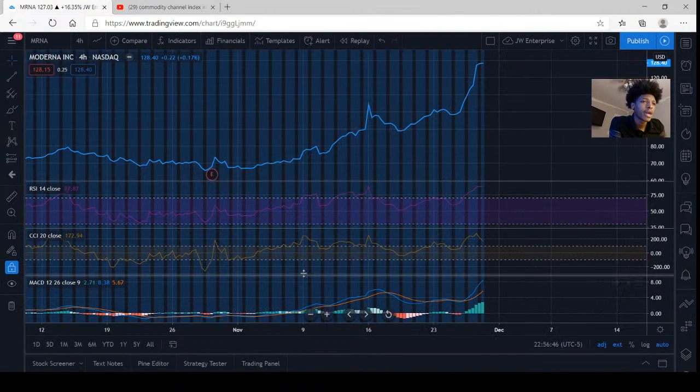And basically with our MACD, all we're checking is momentum. So we see right here, this is our peak. And these green bars right here are for momentum to go up. So it still has momentum to go up.